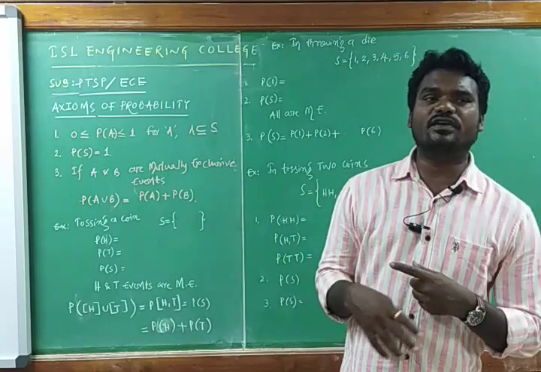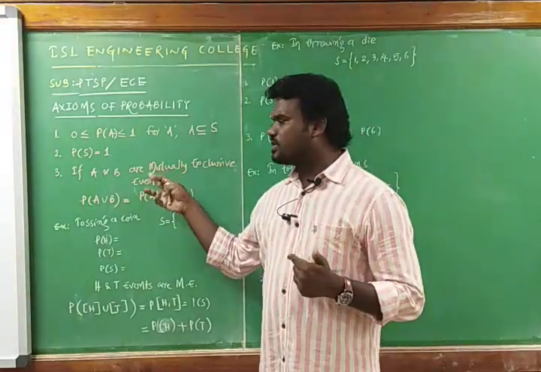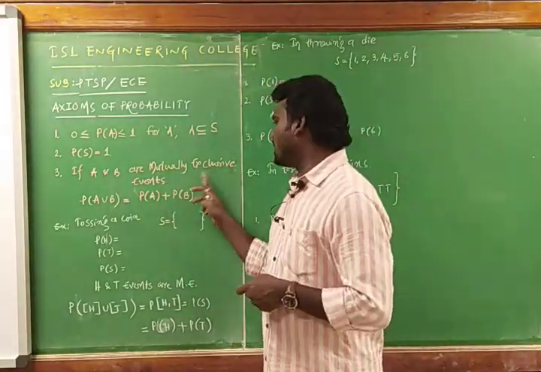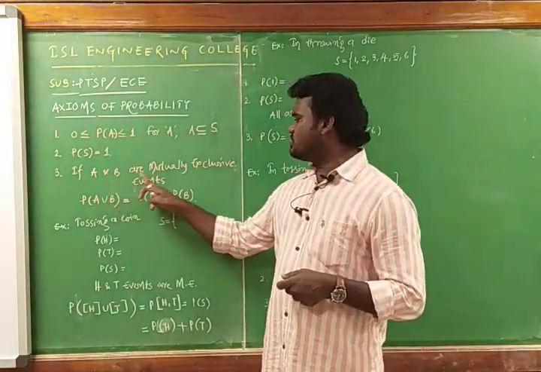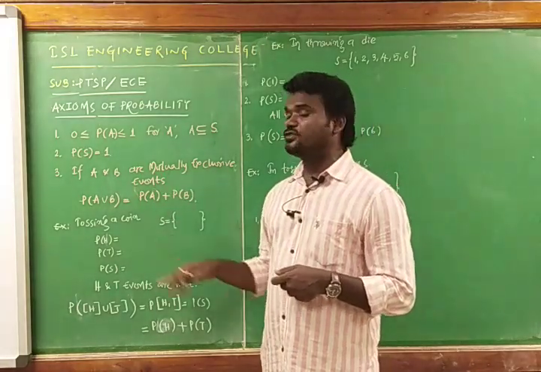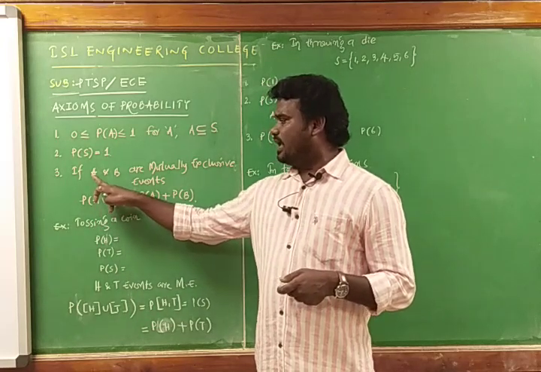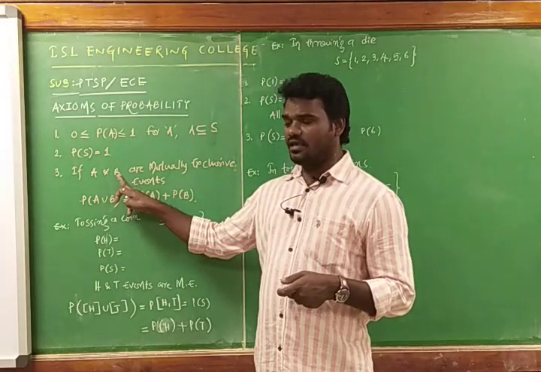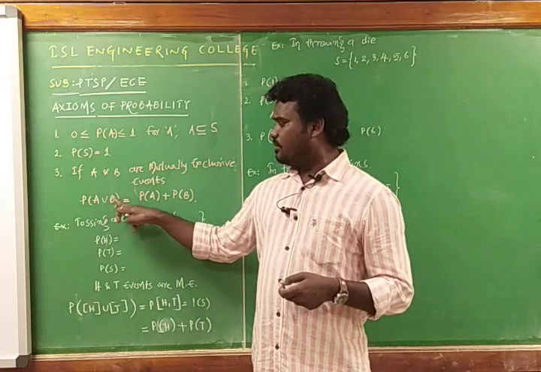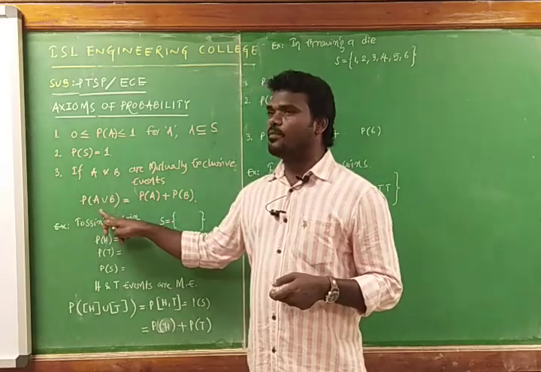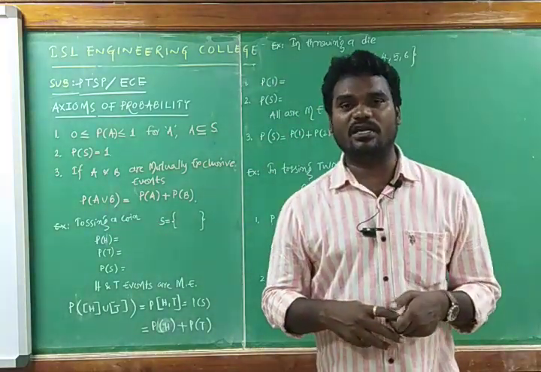These two are called mutually exclusive events. So in a sample space we choose A and B, which are mutually exclusive events, and then it has to satisfy the condition: the probability of A union B, where A is an event and B is also an event, that is A event union B event, must be equal to the probability of A plus the probability of B.